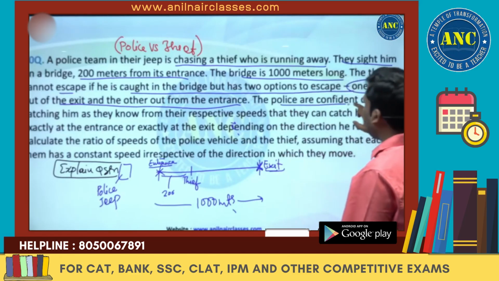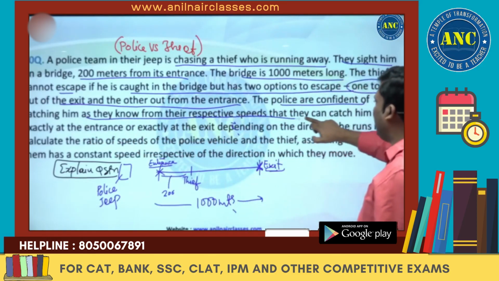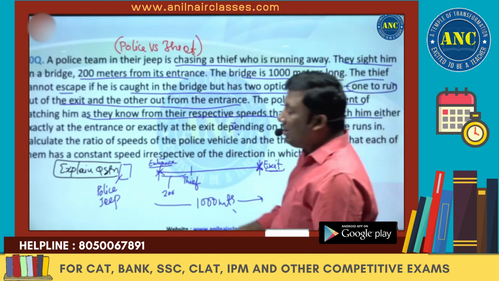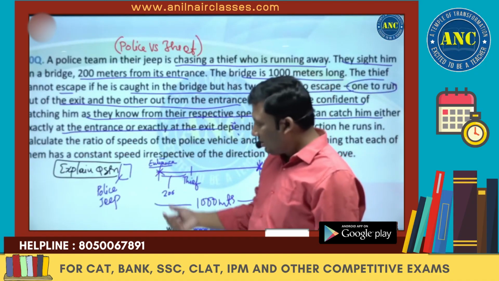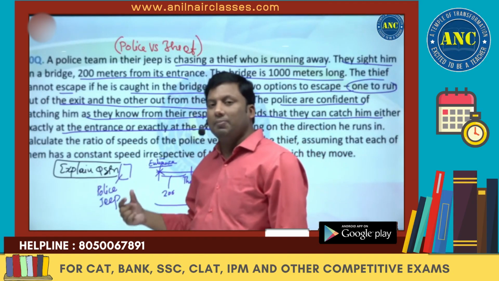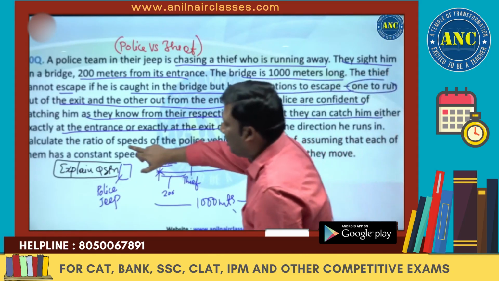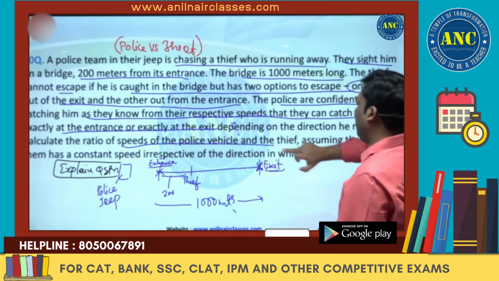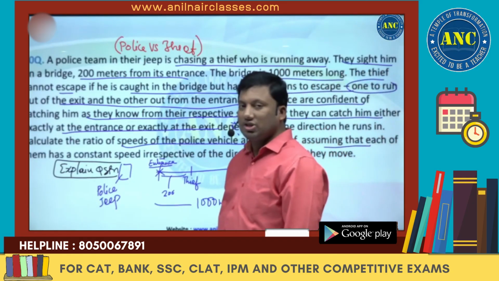The police are confident of catching him, as they know from their speeds that they can catch him either exactly at the entrance or exactly at the exit. They know it. Calculate the ratio of the speed of police to thief, each of them going at a constant speed.